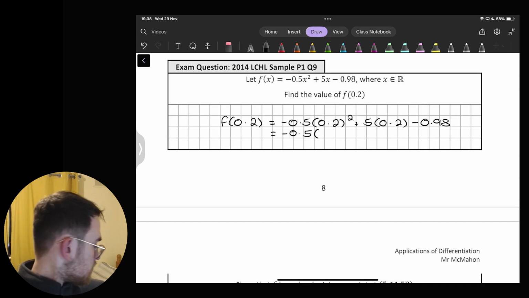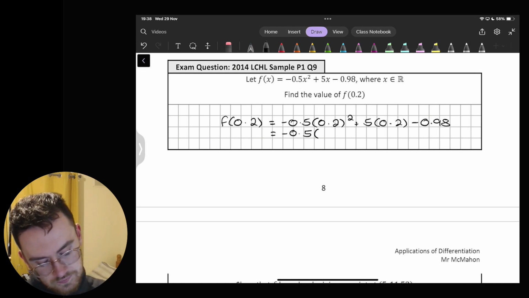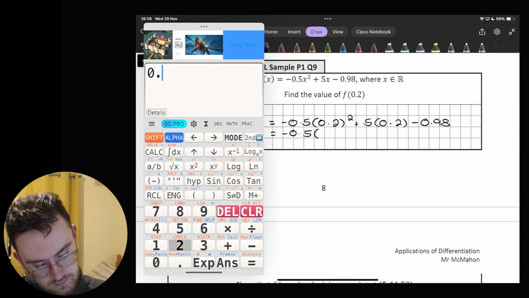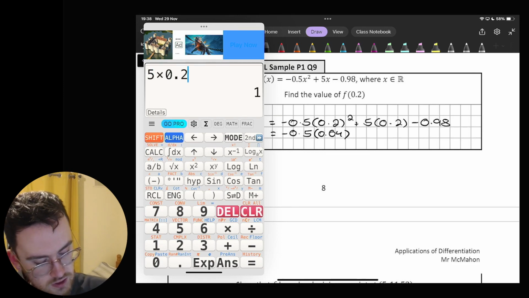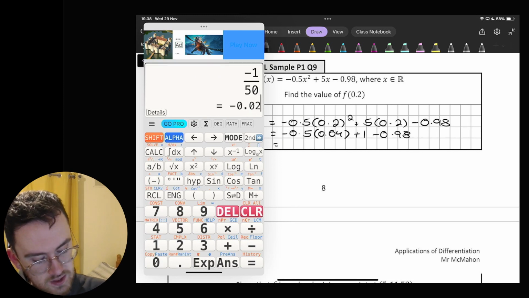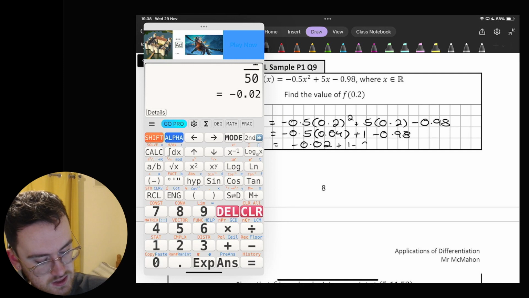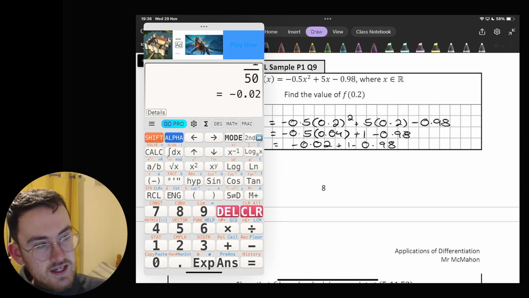Let's use my calculator here. 0.2 squared gives 0.04, and 5 by 0.2 gives me 1, minus 0.98. So minus 0.5 by 0.04 gives me minus 0.02, plus 1, minus 0.98.